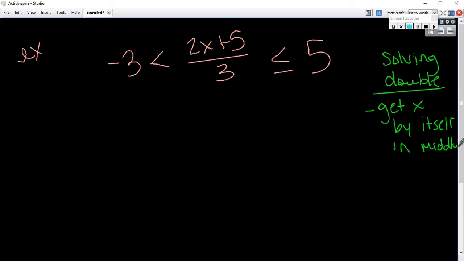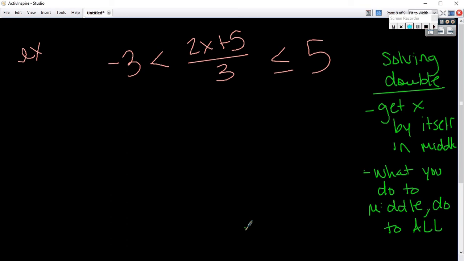And whereas a normal inequality, if I do it to one side, I do it to both sides. Here, what you do to the middle, you have to also do to both sides. Also do to all.